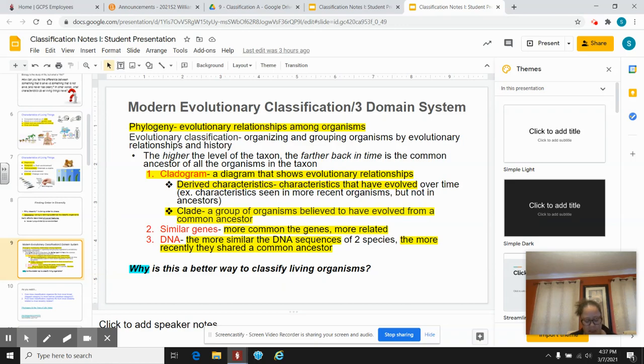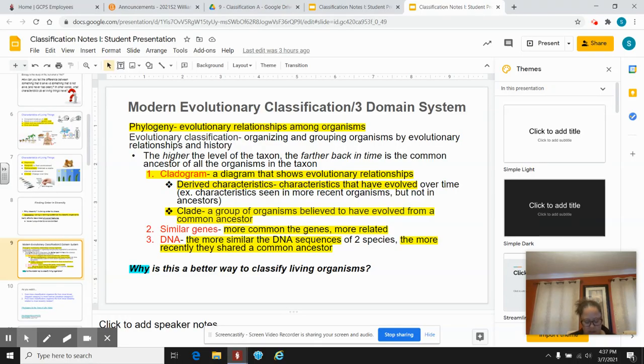Okay? So as you know from our previous unit on evolution and also biotechnology and our biochemistry, we've talked about the evidence of evolution. And you know that evolution is all about DNA and the genes.